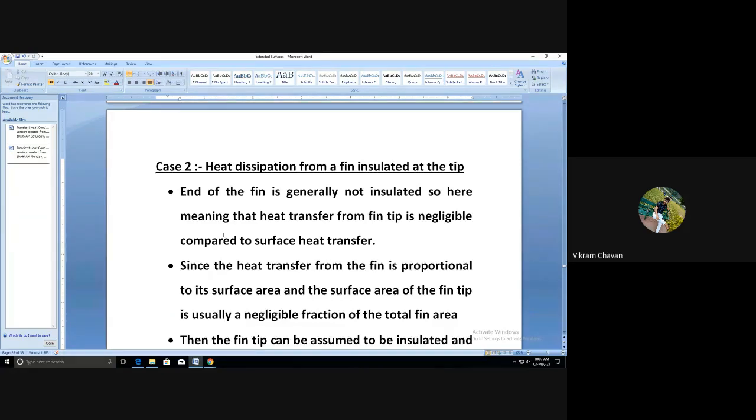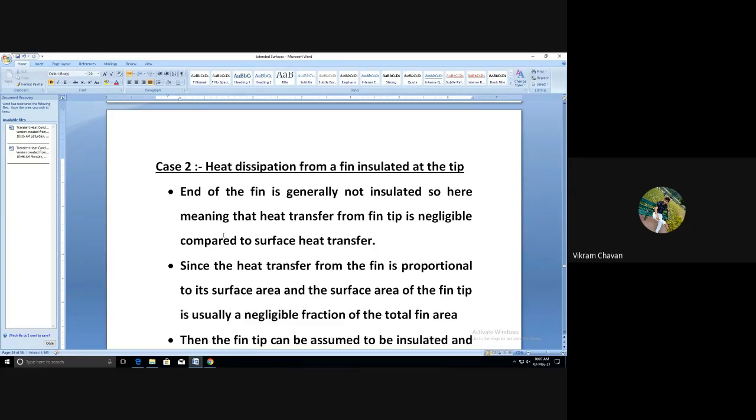That is, T minus TA equals 0, and theta is equal to 0. By considering that boundary condition, we derived the equations for heat transfer and temperature distribution in the first case. Now, in this lecture, we are going to discuss case number 2.